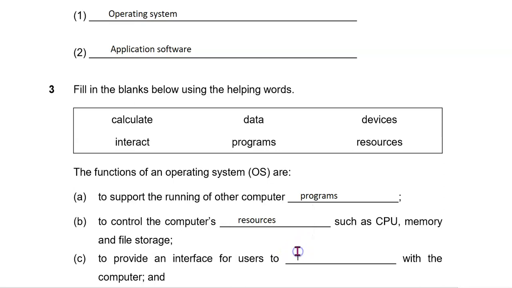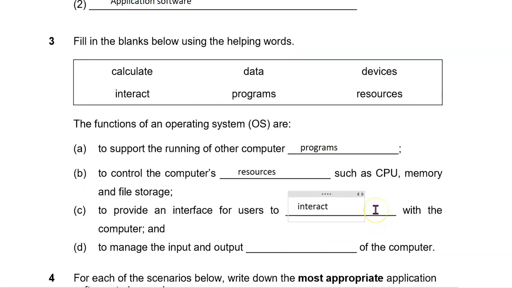Next is to provide an interface for users to interact with the computer. The fact that I can enter a word into the screen is because it is an interface for me to click on text and type, and the words will appear.